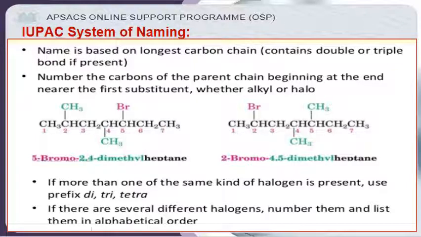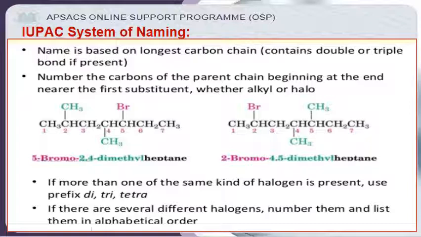And when we start from here, both the positions of these substituents, bromide and methyl, are far away in the numbering. So we are considering the number from here in this case. But in this case, the halogen has the least number compared to here. So we consider the numbering from this carbon atom.